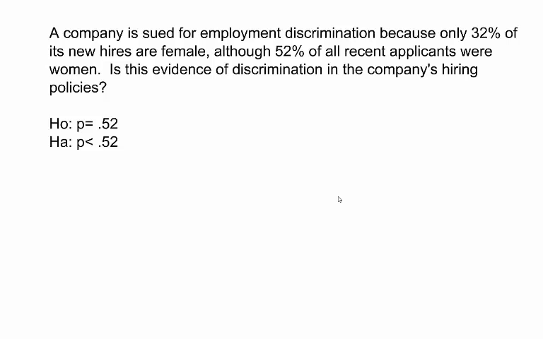Our null hypothesis is H0, where p equals 0.52, and HA, our alternate hypothesis, is that p is less than 0.52. So in other words, we're looking to see whether 32% is significantly lower than 52%.